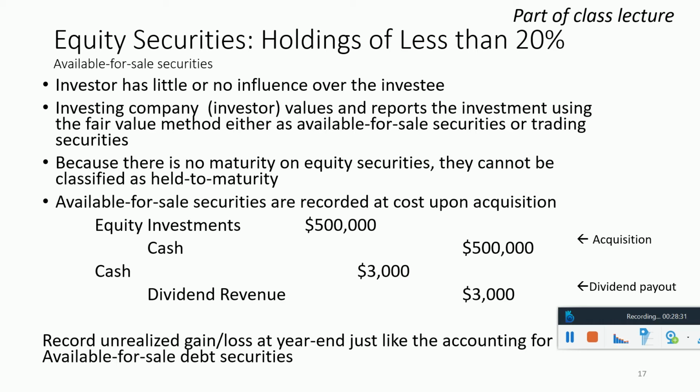Then, periodically, the company might declare a dividend, and because you own shares of common stock, the company, aka the investor, would be entitled to dividend payments. So, when there is a dividend payout, you're going to debit cash and credit dividend revenue.